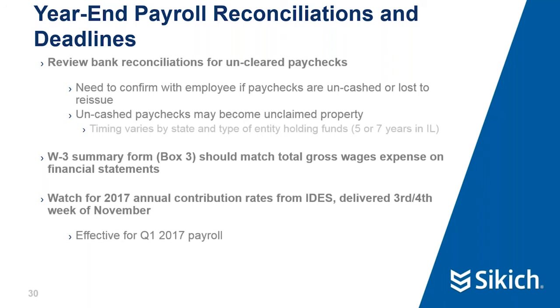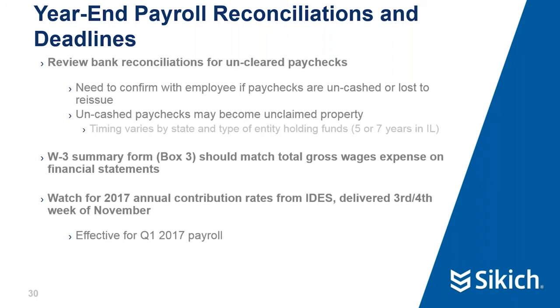When you're reconciling the information, you want to add up your quarterly 941 information to tie to your W-3 and your W-2 information. We recommend that you hold off on filing your fourth quarter 941 until all of the W-2 and W-3 information is prepared and ready to be sent out. In case there are any discrepancies, you can correct that in the fourth quarter 941 without having to do an amended 941.